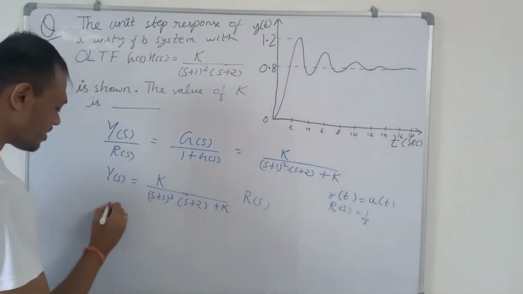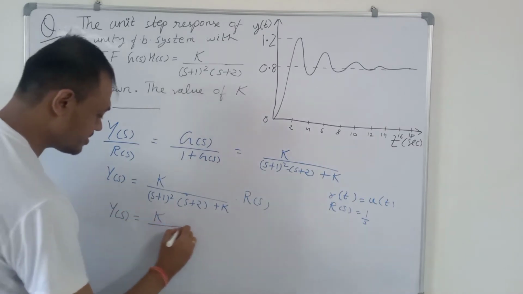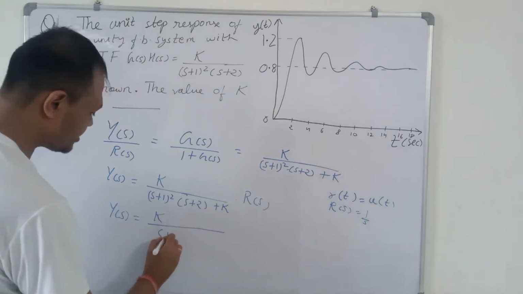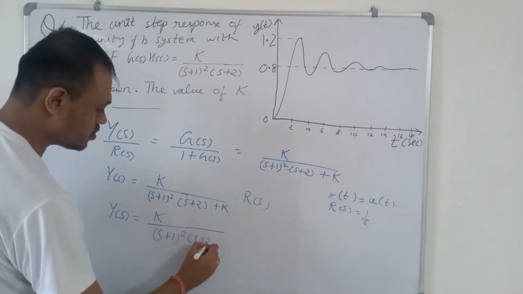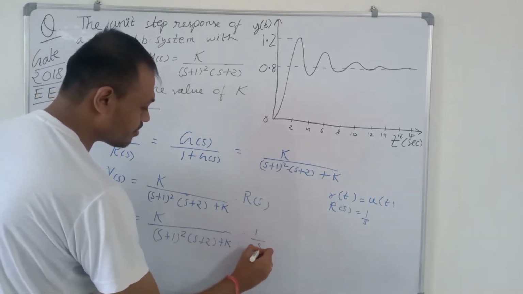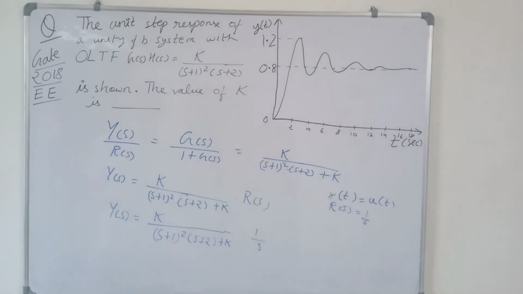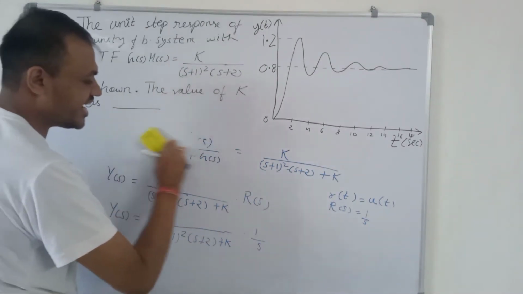So multiply R(s) here. K upon (s plus 1) whole square (s plus 2) plus K multiplied by 1 upon s. And the final value of y(t) is 0.8.